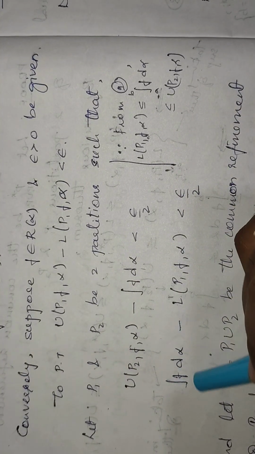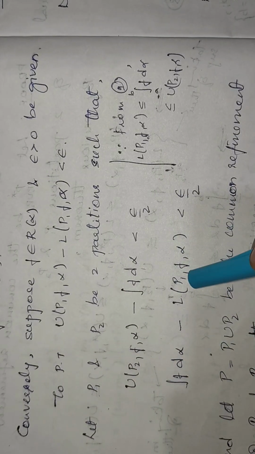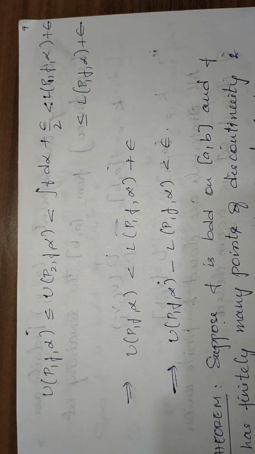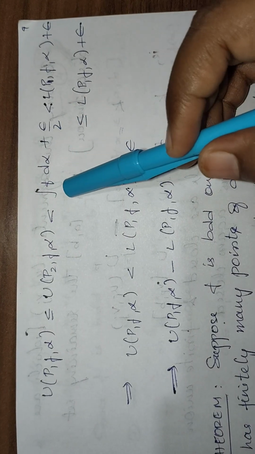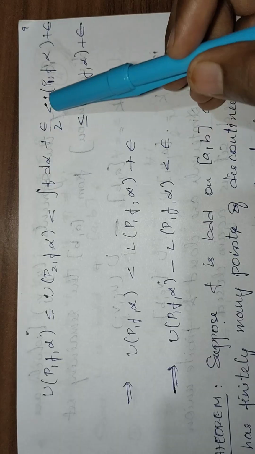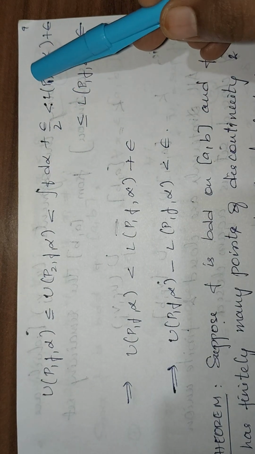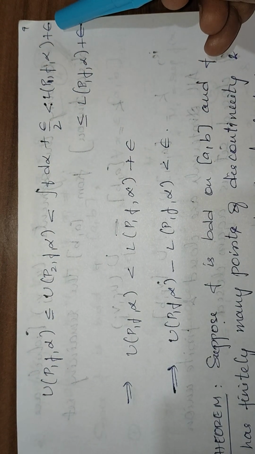Because this integral alone is less than this plus this. Okay, so if I add epsilon by 2 to both sides, then I have integral f d alpha plus epsilon by 2 is less than this plus extra epsilon by 2. So this epsilon by 2 and epsilon by 2 will become epsilon. So here integral f d alpha plus epsilon by 2 is less than L of P1, f, alpha plus epsilon.